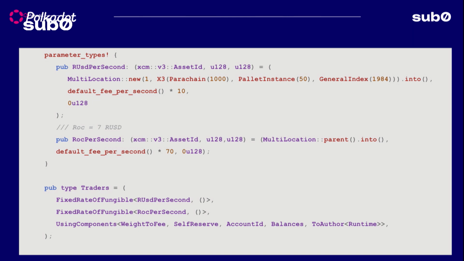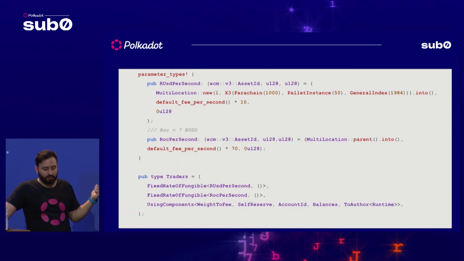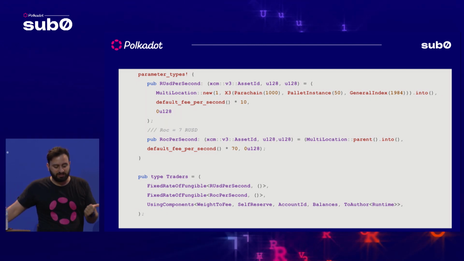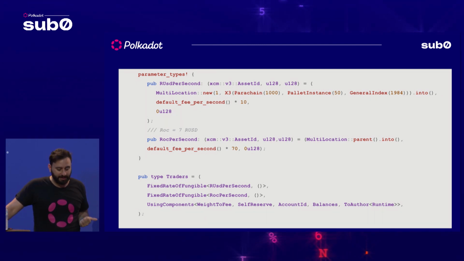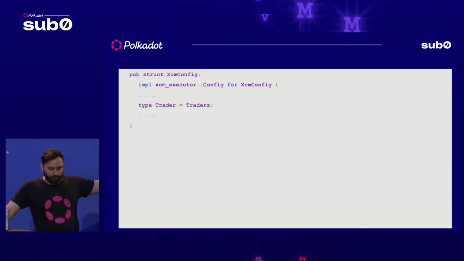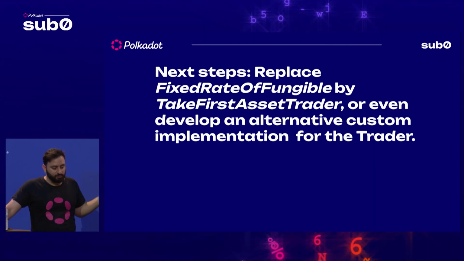It's not being calculated on the go. But doing an analysis, we saw a lot of parachains were doing it like this. So we have a stablecoin we define in the asset hub, and then we also put the value for the relay chain token, which in this case is ROC. Then of course you provide the traders in the XCM executor config.